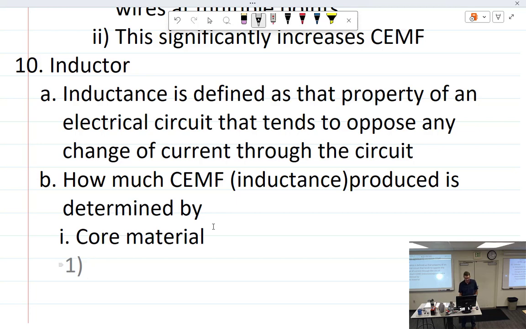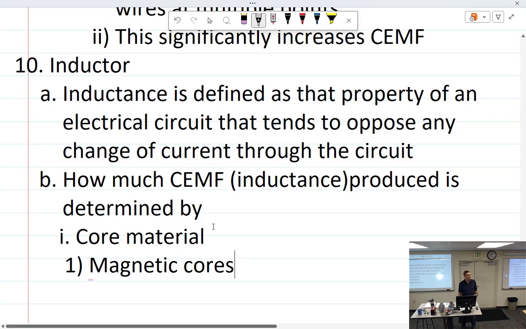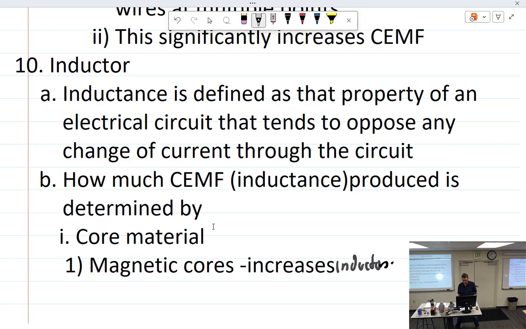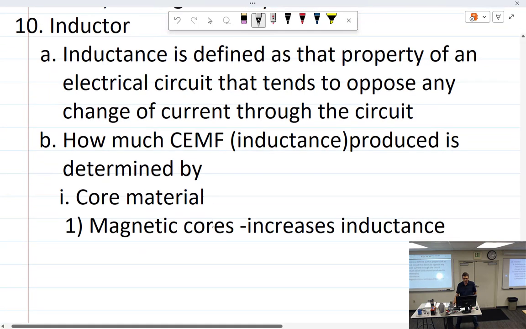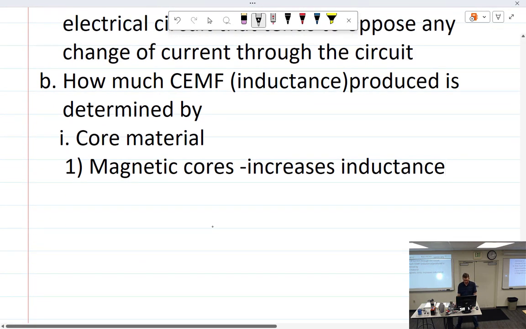Magnetic cores, that would be soft iron, which is the biggest one there. Something magnetic increases inductance.